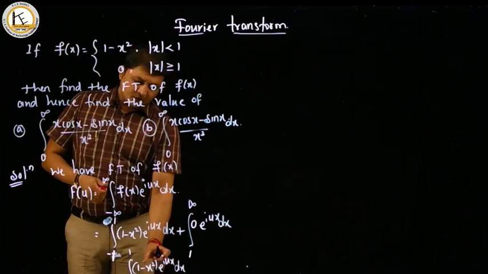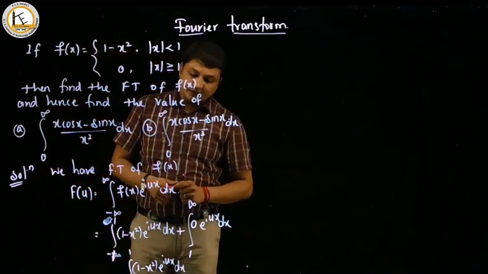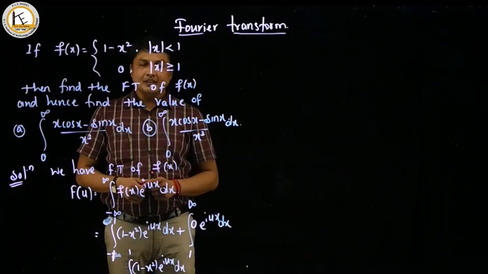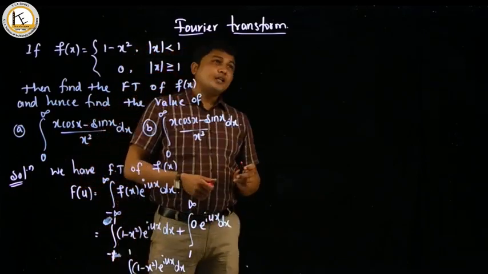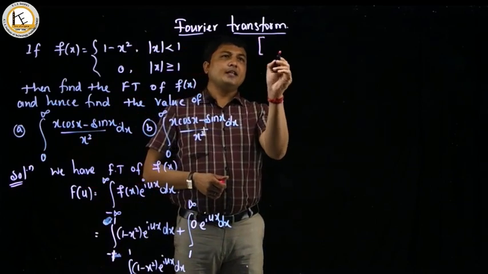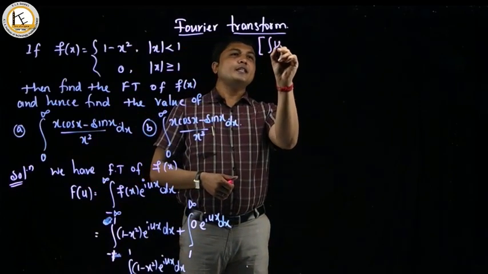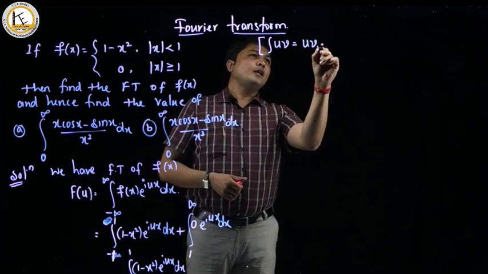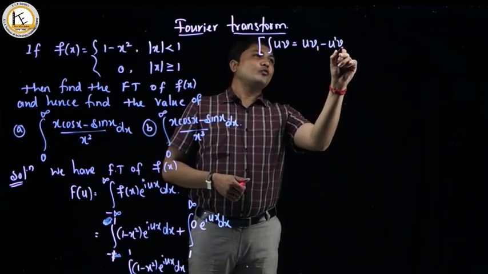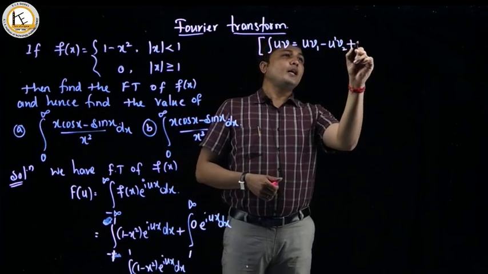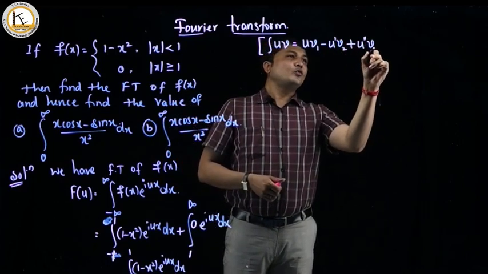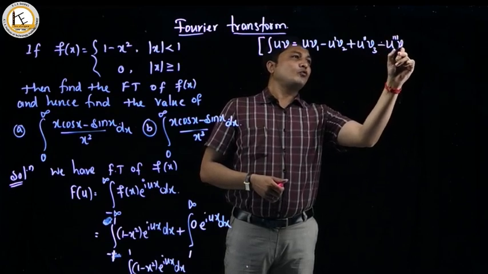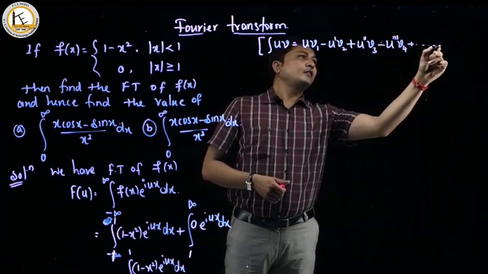So if there is a product of two functions and one function is a vanishing function, then we will evaluate this integral by using Bernoulli's rule. What is Bernoulli's rule? I will write it here. Bernoulli's rule means the integration of u into v can be written as u into v1 minus u dash into v2 plus u double dash into v3 minus u triple dash into v4 and so on.